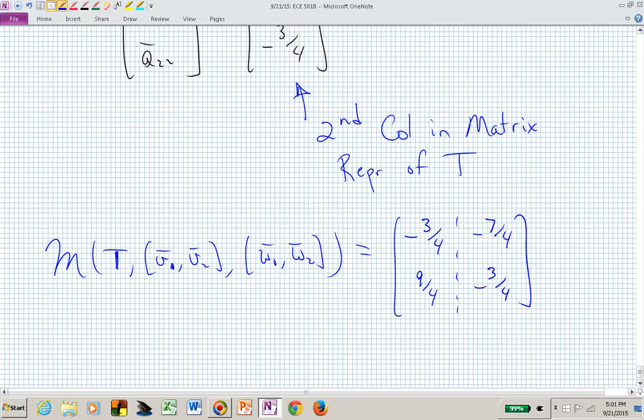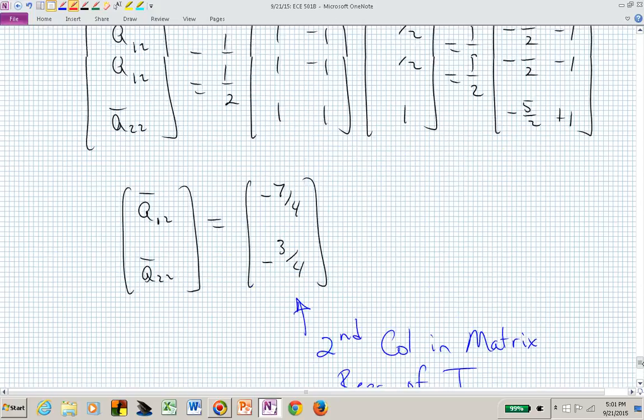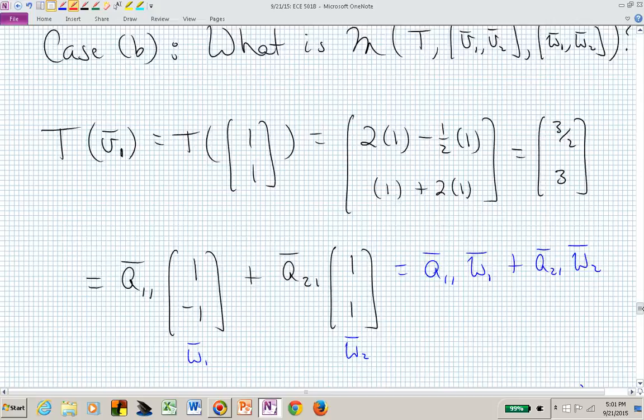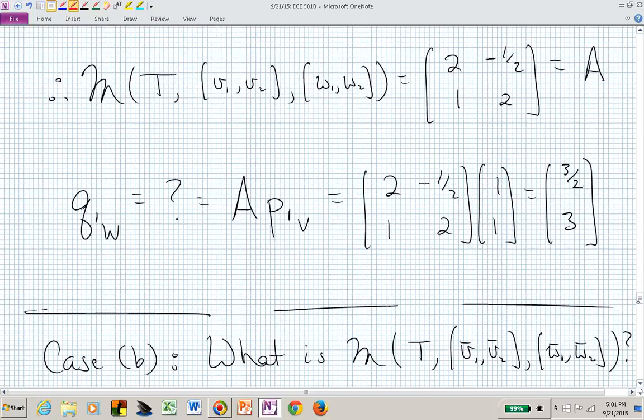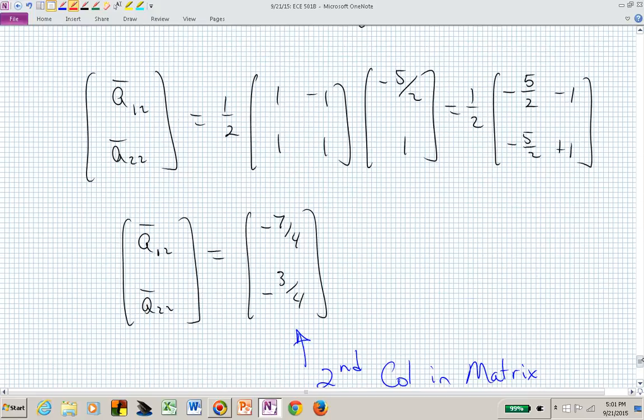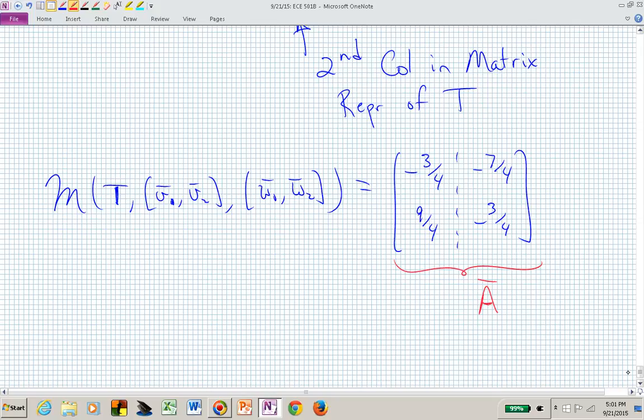And I hope that you can see that this is not the same as the matrix representation that we had before. We're going to call that now our A bar in the Bard notation. You can compare A bar with A, and they shouldn't look the same. 2, minus 1/2, 1, 2 is definitely not the same as minus 3/4, minus 7/4, 9/4, and minus 3/4.